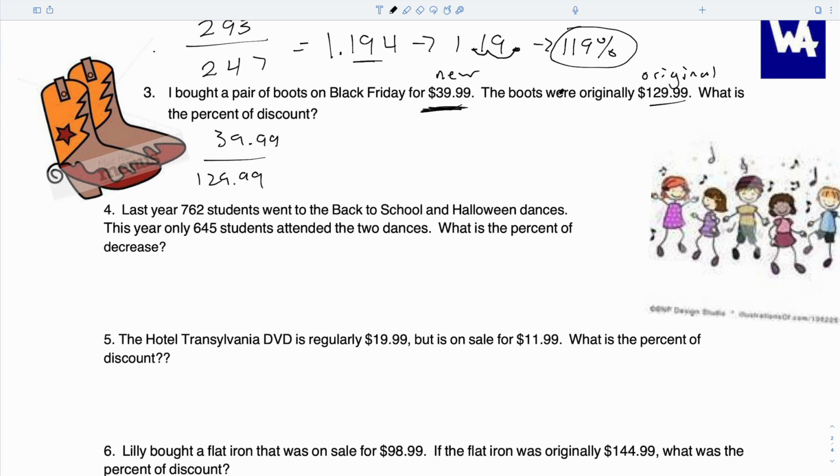Is this a markup or a markdown if it goes from 129 to 39? It's a markdown. We're going to write that next to the boots. This is markdown.